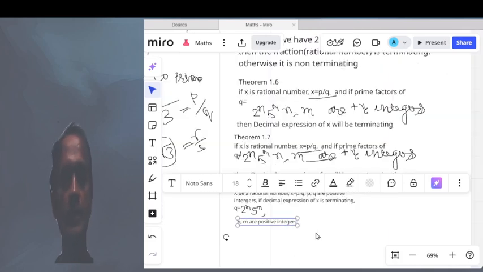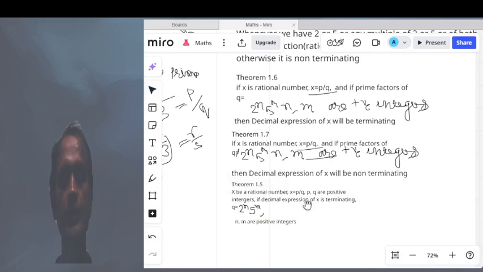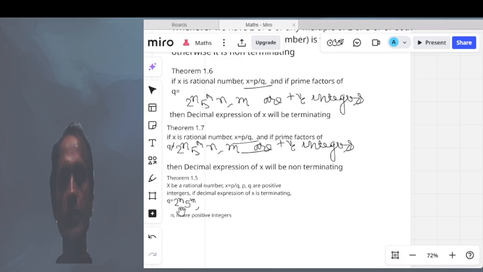So in simple words, this theorem states that if there is a rational number and its decimal expression is terminating, then the denominator q of that rational number will have only 2 and 5 as factors: either 2, or 5, or both.